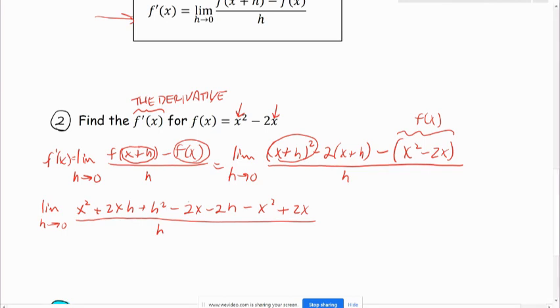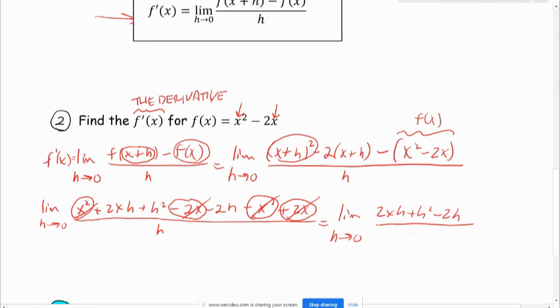For example, I see 2x, negative 2x and positive 2x. Those cancel. I see an x squared and a negative x squared. Those cancel. And so now I have the limit as h approaches 0 of 2xh plus h squared minus 2h all over h.